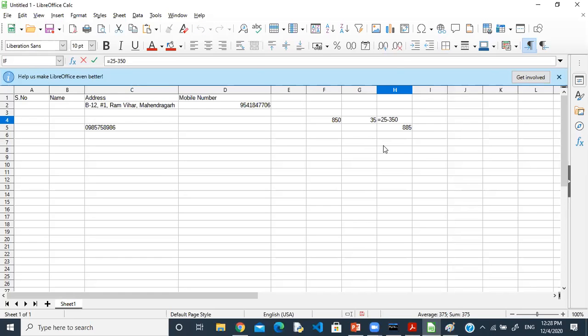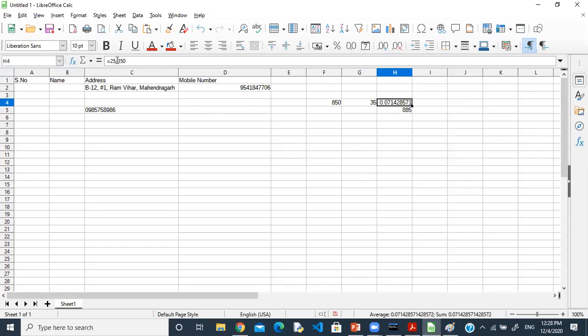If I write minus, it subtracts. If I write the multiply symbol, it's going to multiply. If I write the divide symbol, it's going to divide. So we get different values based on the operator.